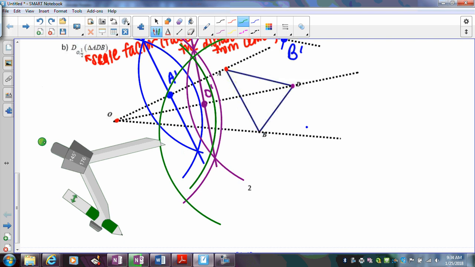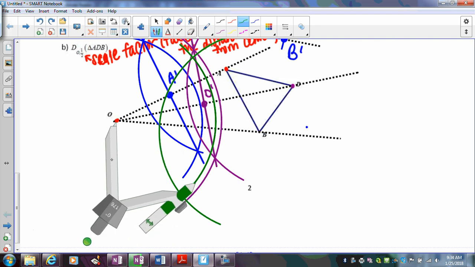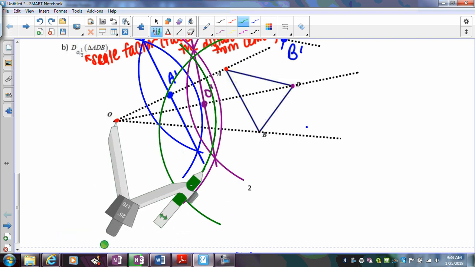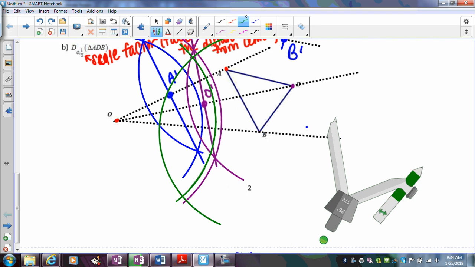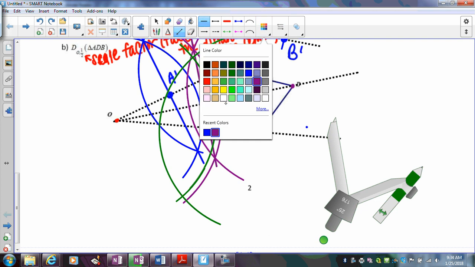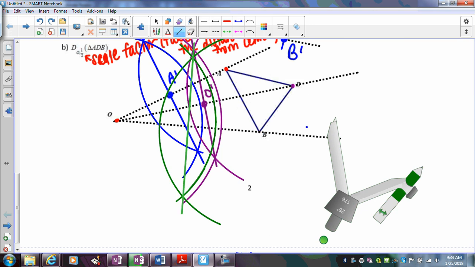And again, color coding is so helpful so that you're looking at the correct intersection, because if it's all in pencil, it's very easy to mark the wrong intersections when you draw your line segment. You don't have to change out the pencil in your compass, but you could just highlight over your arcs. That way you can keep track of them. So this point of intersection of the green segment and OB, that's the midpoint. So that's going to be B prime.